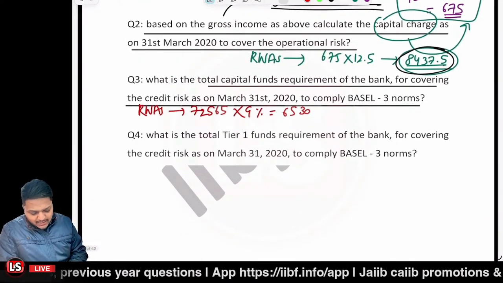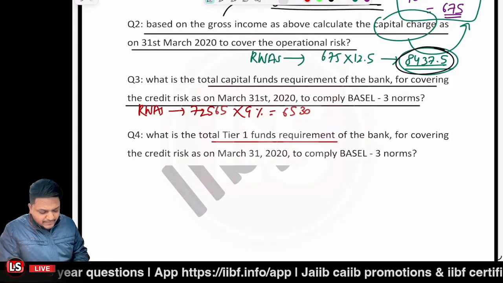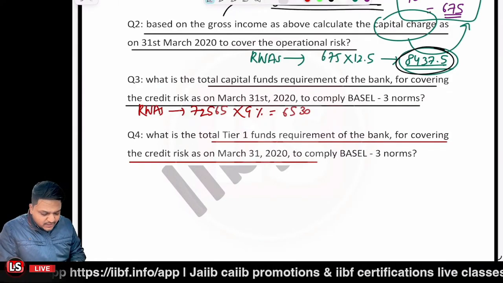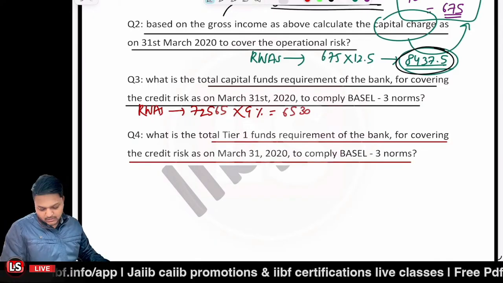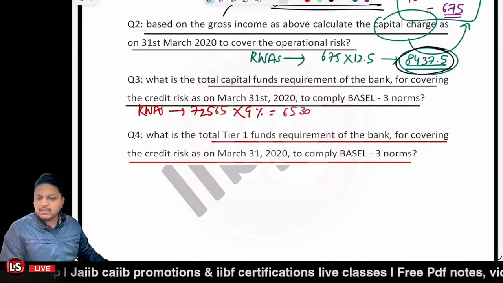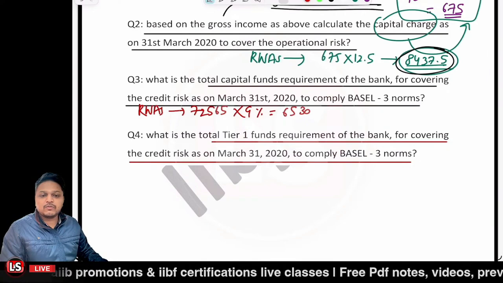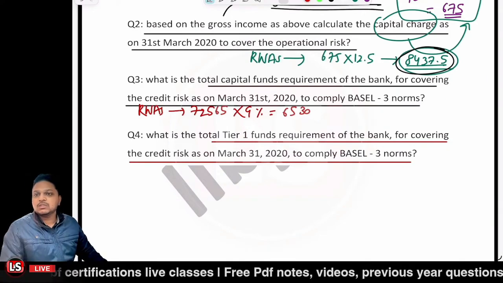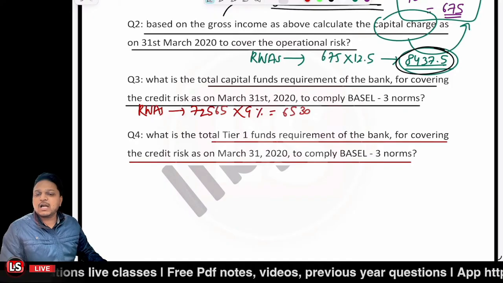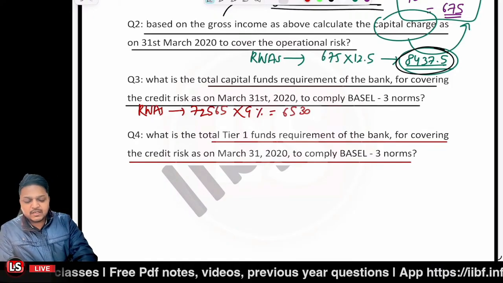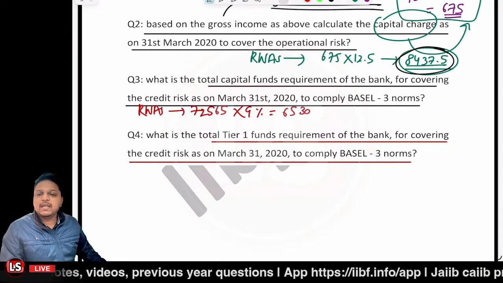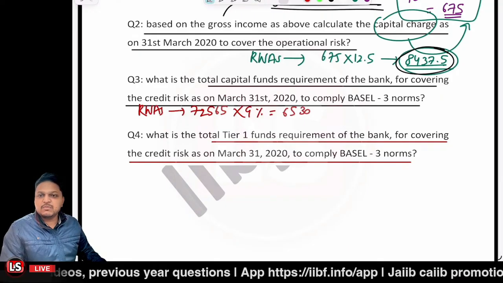Further, what is the total tier 1 funds requirement of the bank for covering the credit risk as on March 31, 2020? What is the amount of the total tier 1 funds? The tier 1 funds are to be maintained at what percentage? Minimum at 7%.